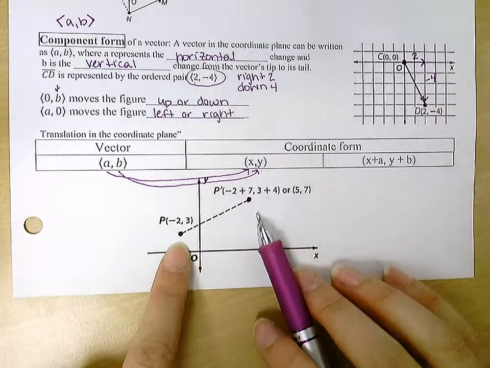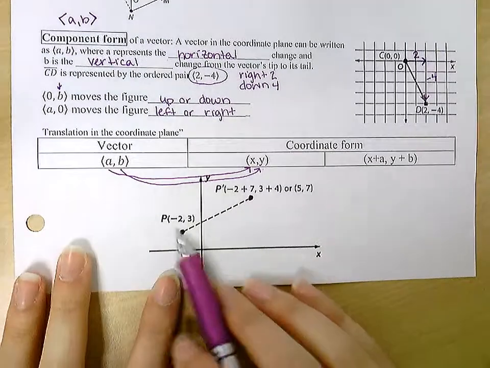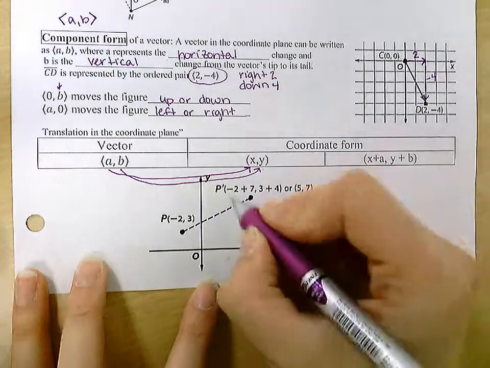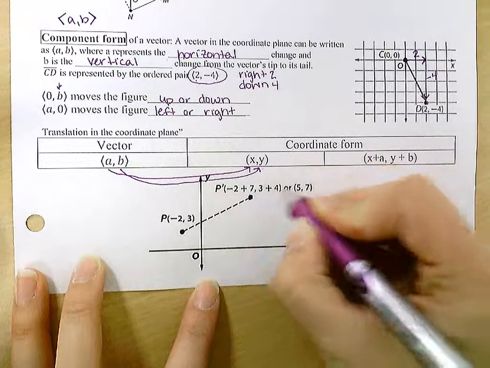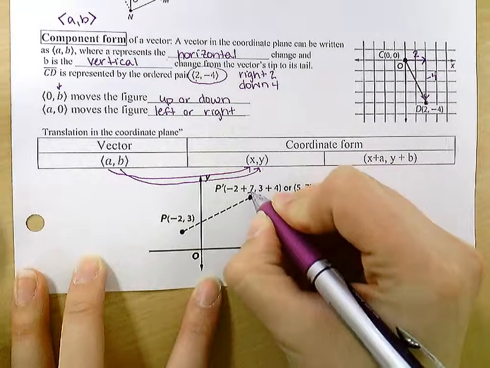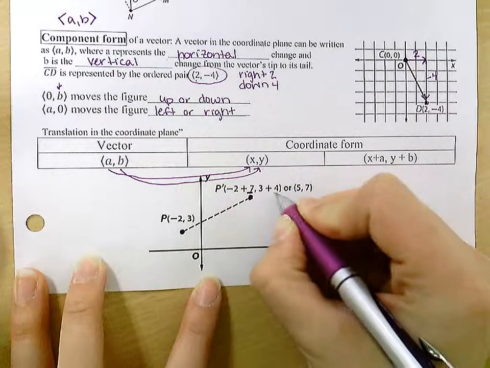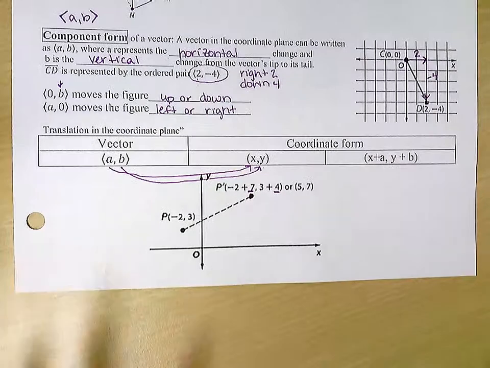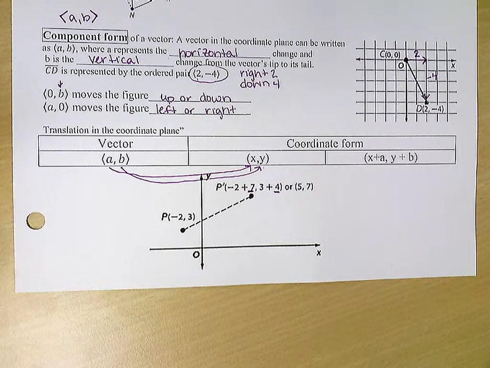So for P and P prime here, my original is -2, 3. So I have -2 and 3. This added 7 and this added 4 here are going to be your vector that you use to change that coordinate.